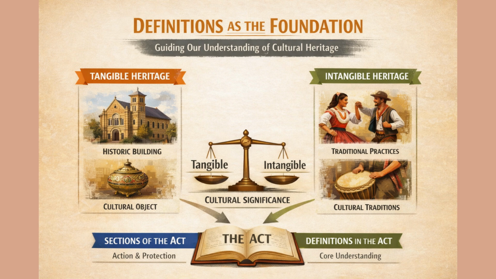So we need to really ground each example in its own logic. For each type of heritage, whether it's a building, an object, or a practice, we need to show how the act's definitions guide us to recognize its cultural significance and keep the emphasis balanced. Both the tangible and intangible aspects are crucial.